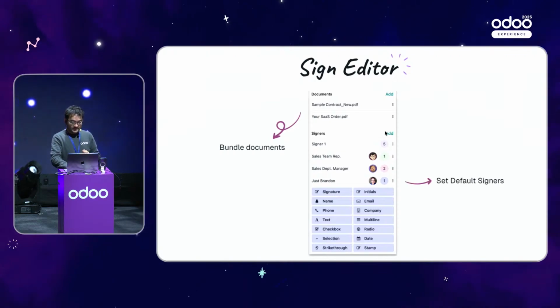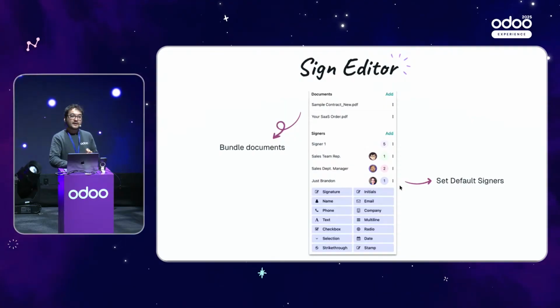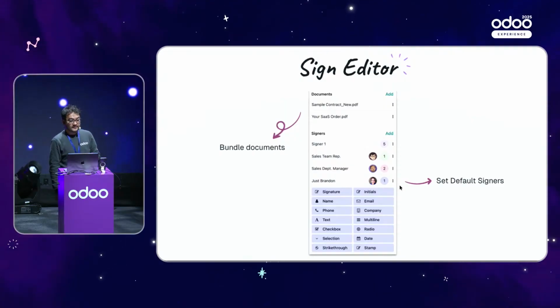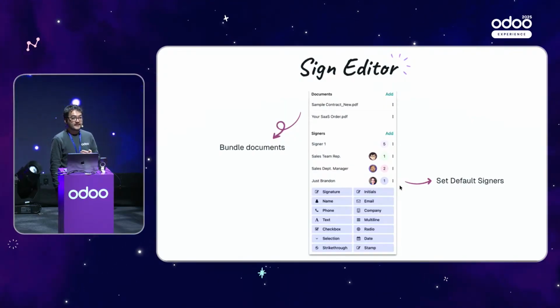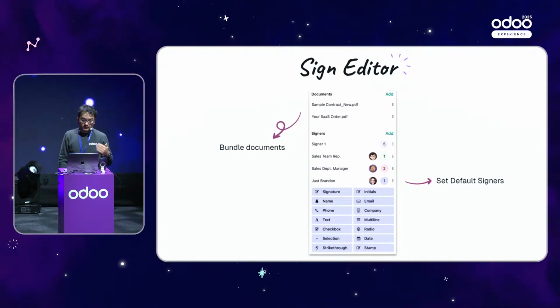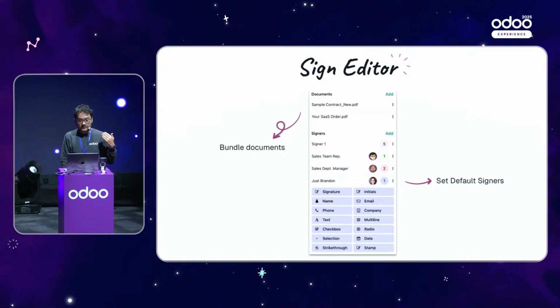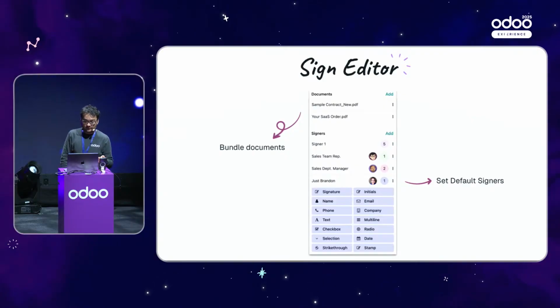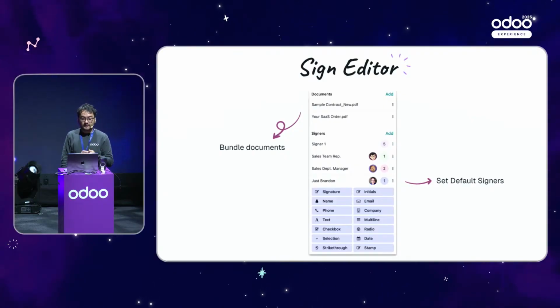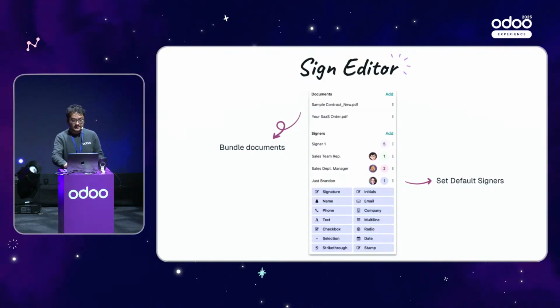And maybe you've noticed, in the signers section, we've now got little avatars, meaning you can actually add default signers in a sign template. So in this case, signer 1 is the customer, for example, but maybe you will also want the sales team representative to be there and the manager to also be the third signer in the process.